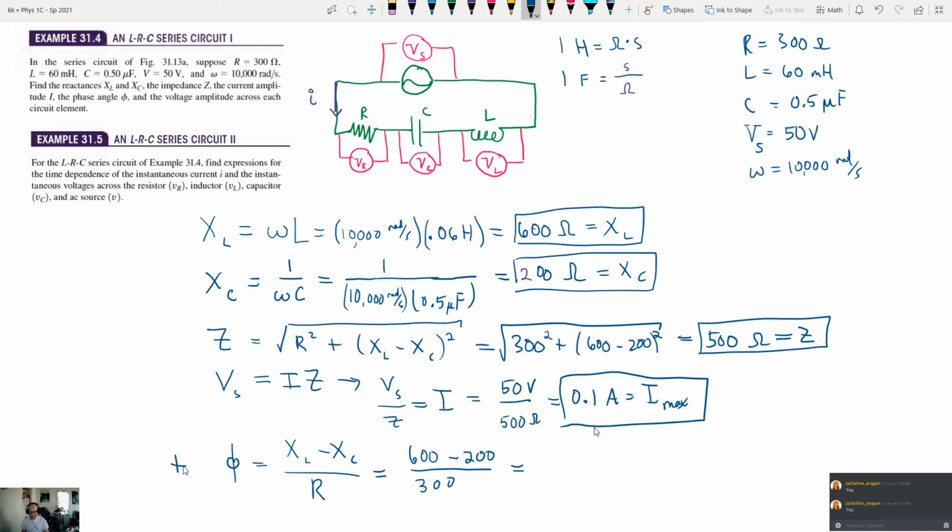Oh, tangent of phi equals this. I'm so sorry. Make some space here. So this means the tan inverse of this is equal to phi.